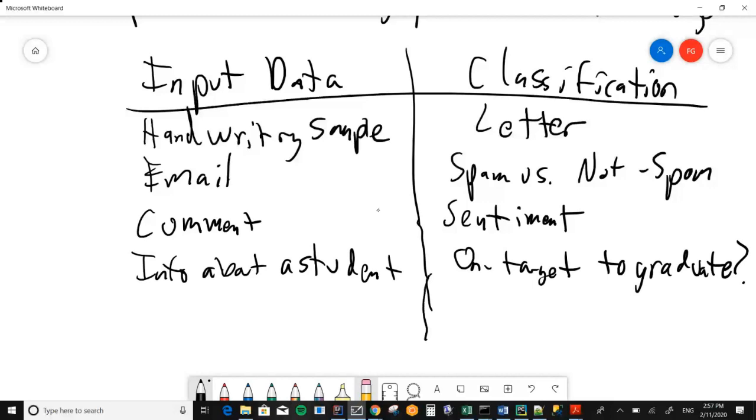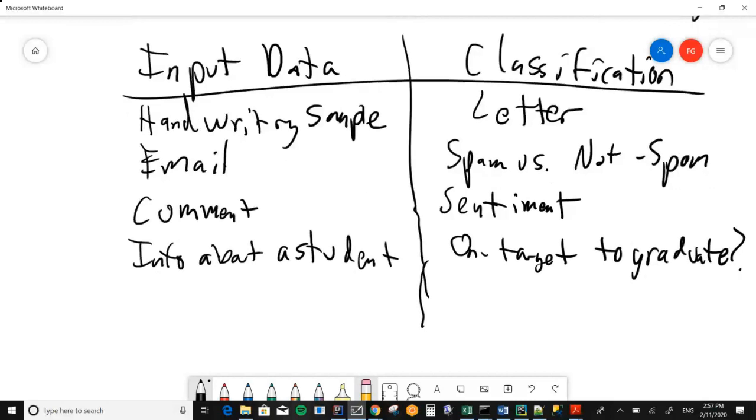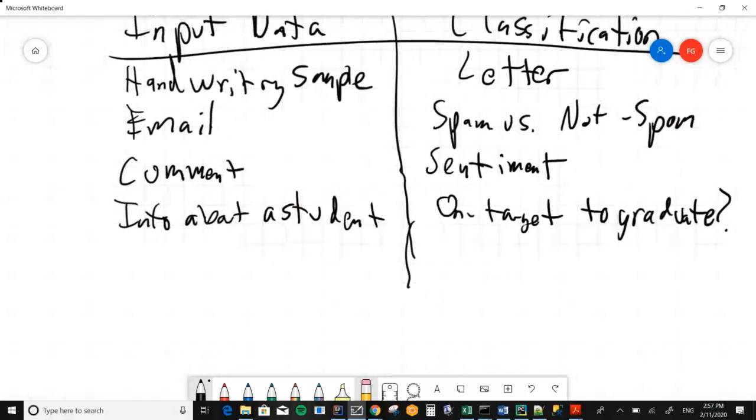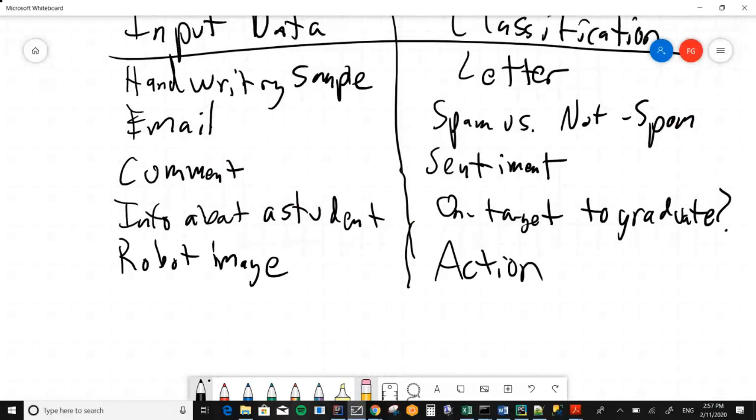Here's another thing that I continue to work on, which is where the input data is something like a robot image. In other words, an image being acquired by a robot. And we're trying to classify it in terms of the action the robot's supposed to take.